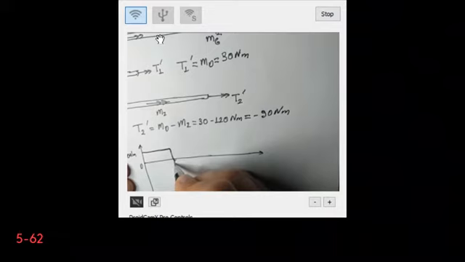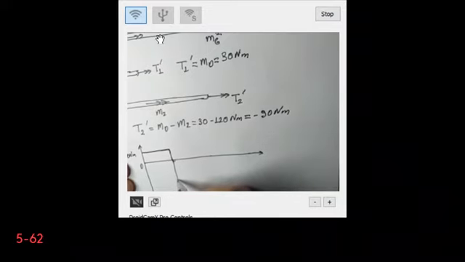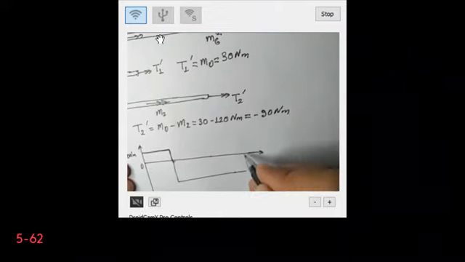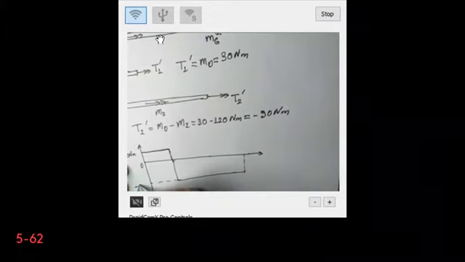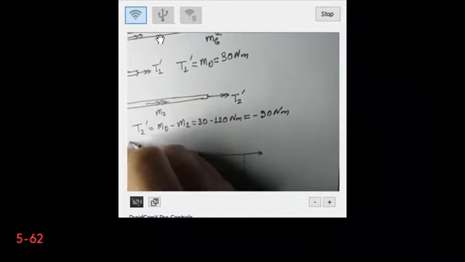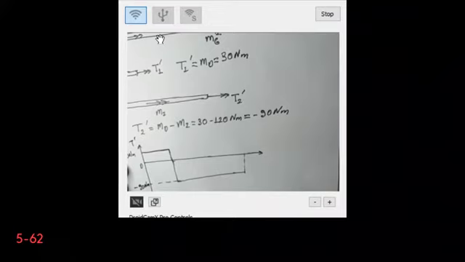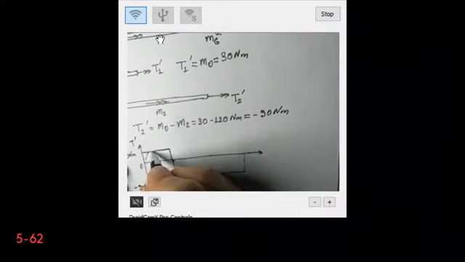Then I have negative, which is minus 90 Newton meters. So this is the torque distribution for the second shaft.